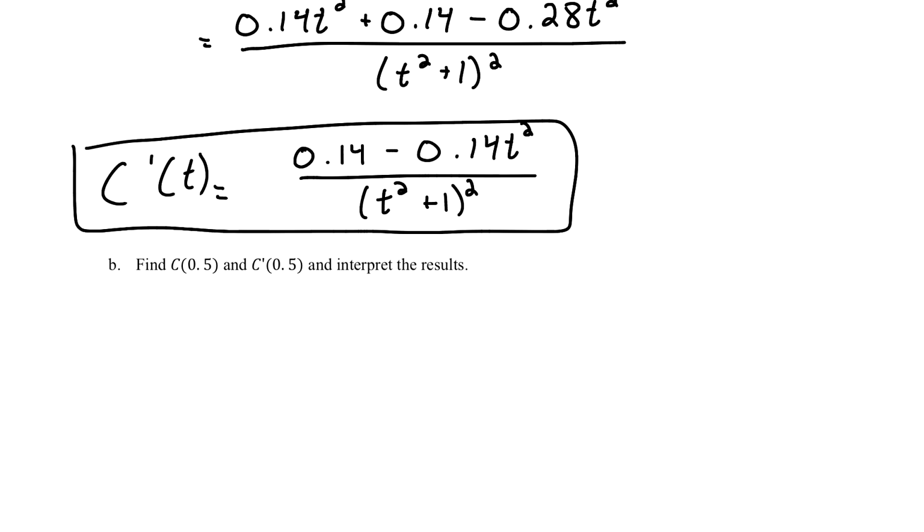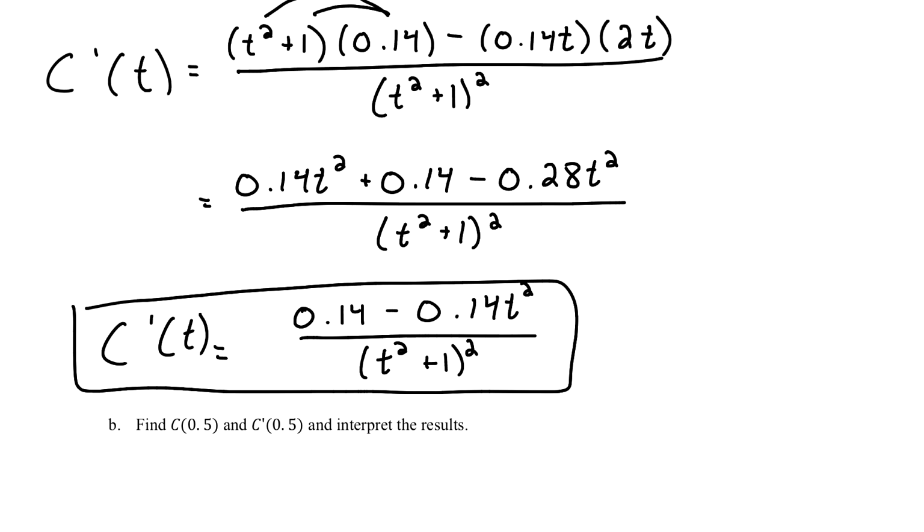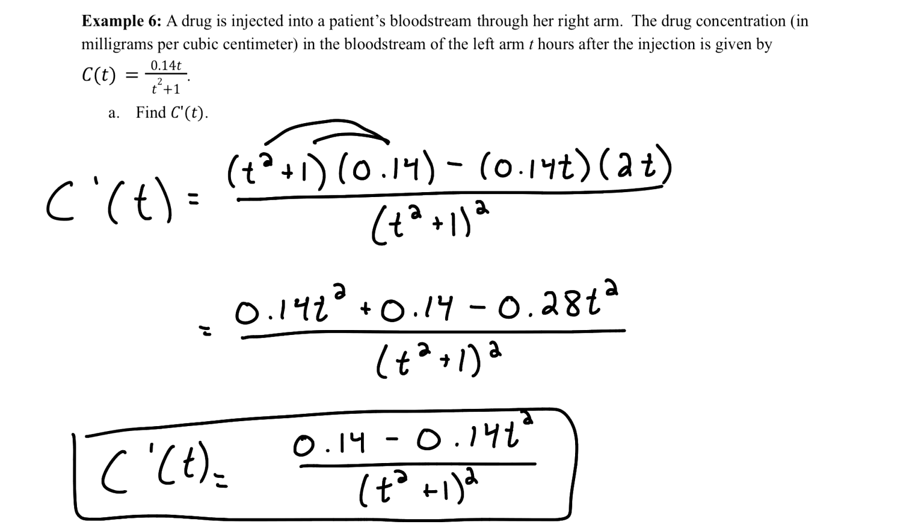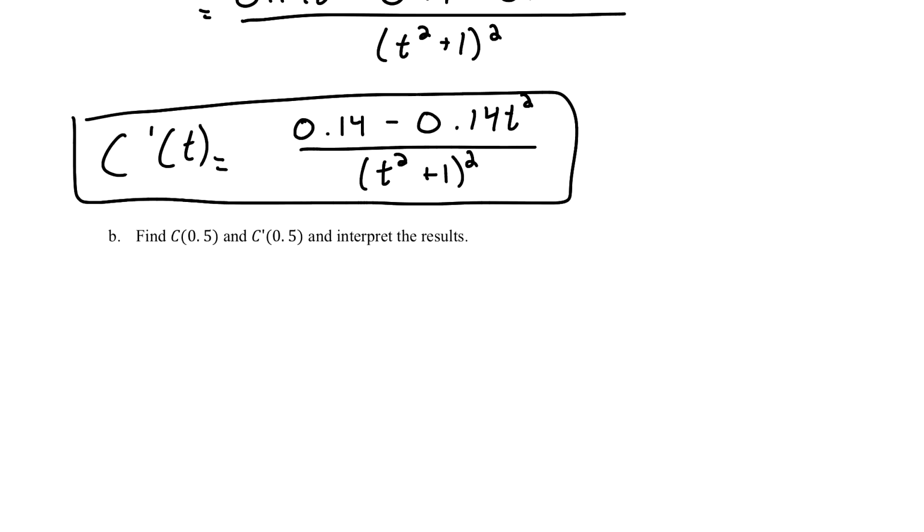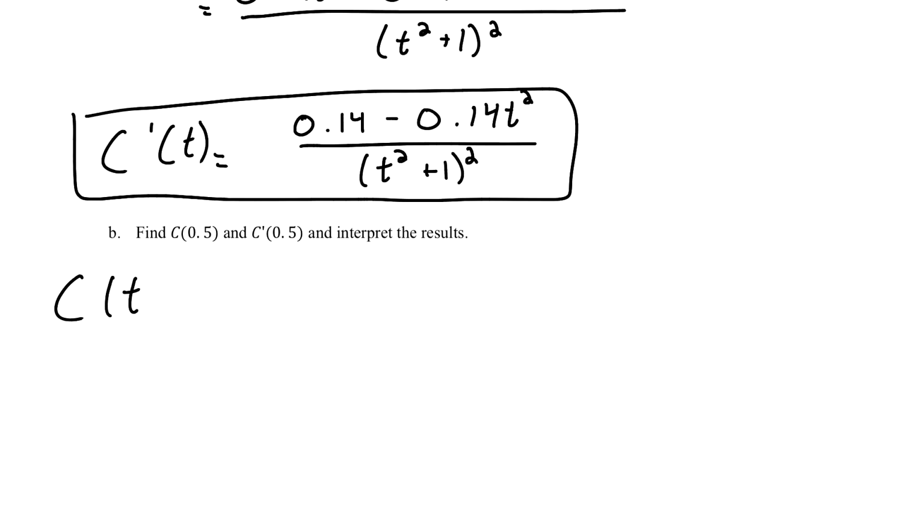Part B, the second part of our problem here, I would like to find C of 0.5 and C prime of 0.5, and then interpret those results. So let's start with C of 0.5. Let's go look at our function. C of t equals 0.14 t divided by t squared plus 1.